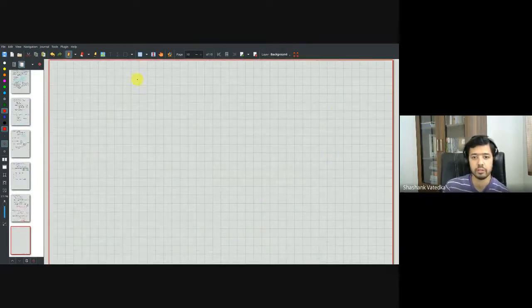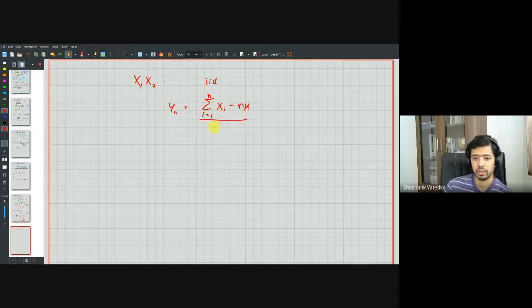All right. So if x1, x2, and so on are IID random variables, then Yn, which is summation i going from 1 through n, xi minus n times mu divided by n sigma square, this converges in distribution to the standard Gaussian.